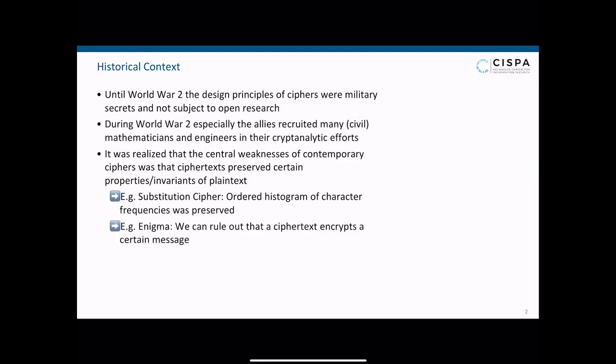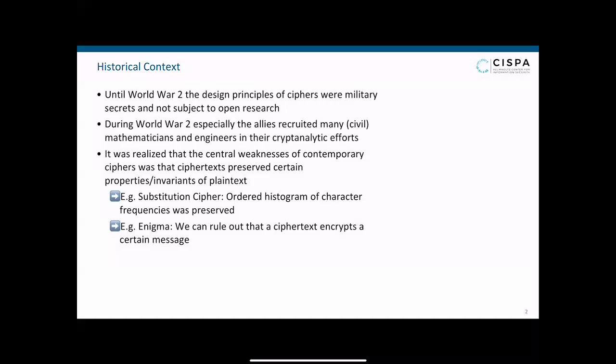We've seen that. So even for much more sophisticated ciphers at the time, such as the Enigma, there were fundamental flaws. For the Enigma, it was just a technical design limitation of the implementation.